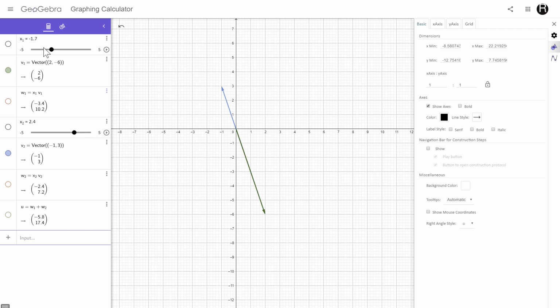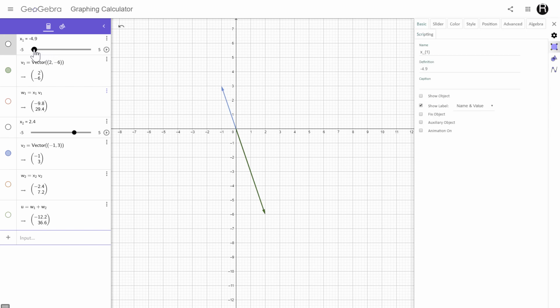Now if we take the span of them, I think if we remember we multiplied v1 by scalar x1. If we take the span of that, let's have it drawn here. We want this drawn out. Okay, here we go. If we take the span of that, it's going to be a line. And if we take the span of the other one, that's also going to be a line.